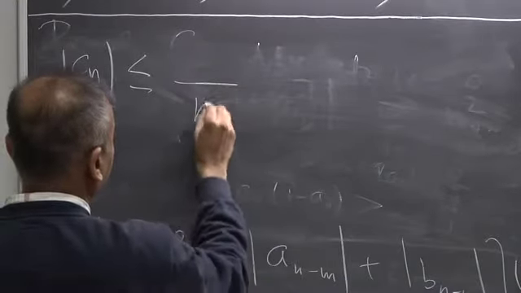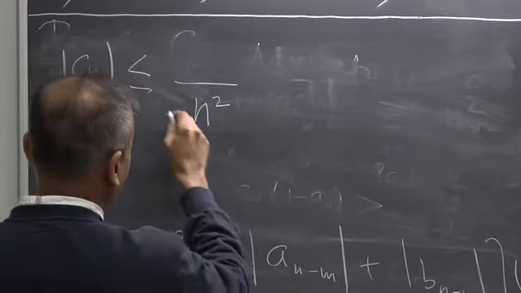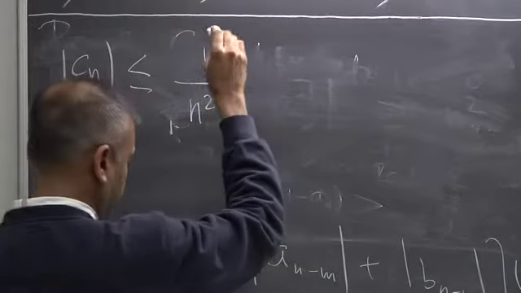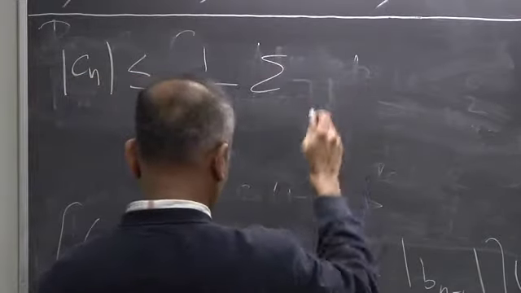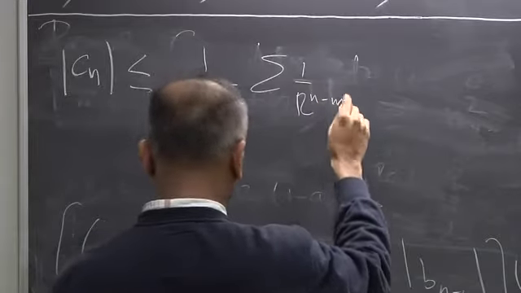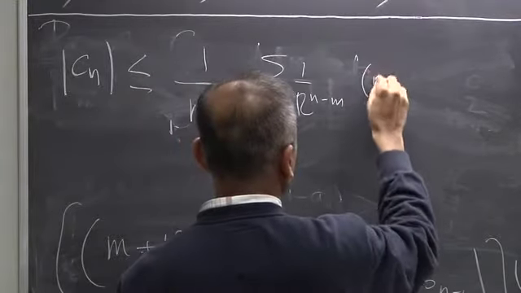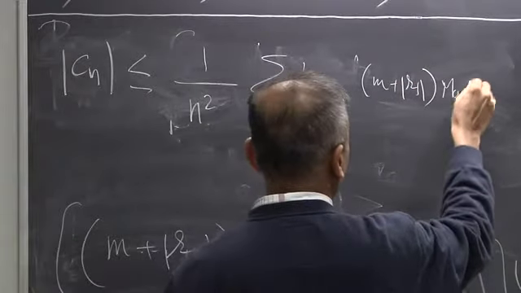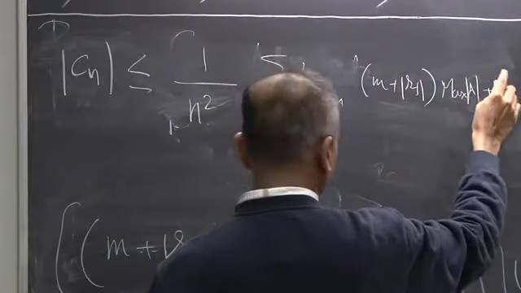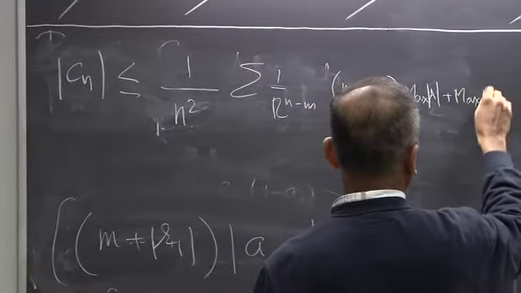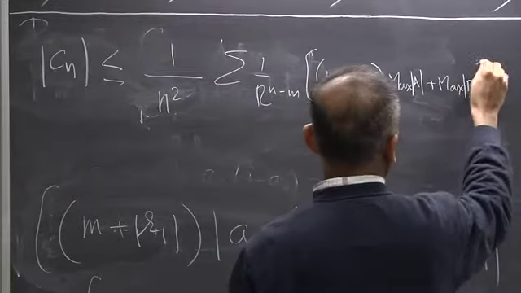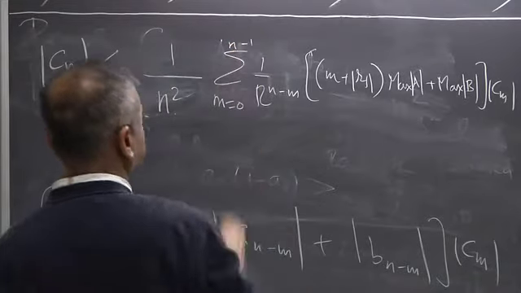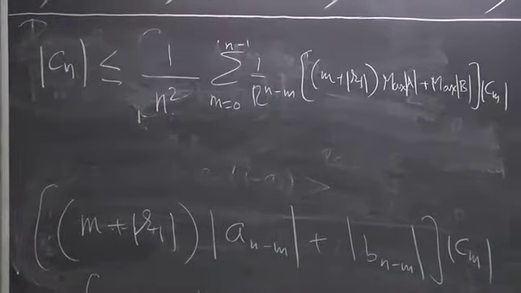So here you have n square, then the sum of 1 over r to the n minus m times this quantity, modulus of m plus r1 times max A plus max B, times max modulus of Cm. Okay.